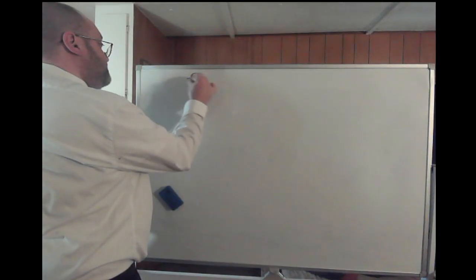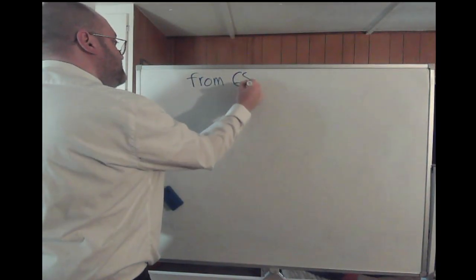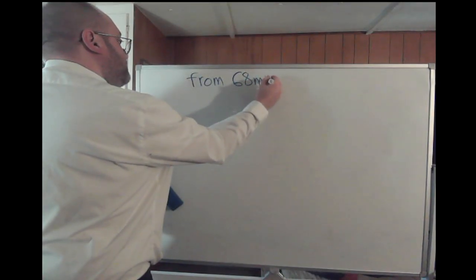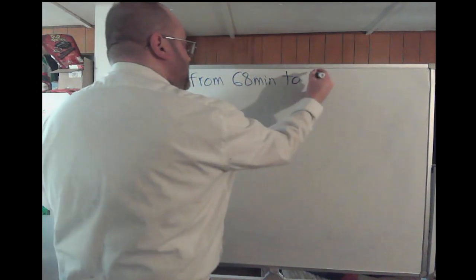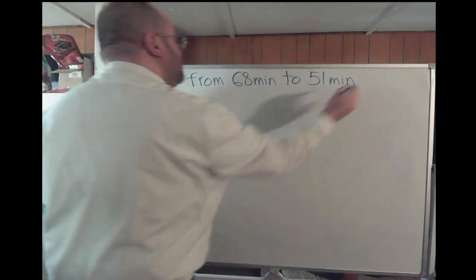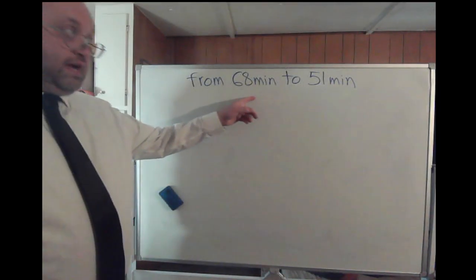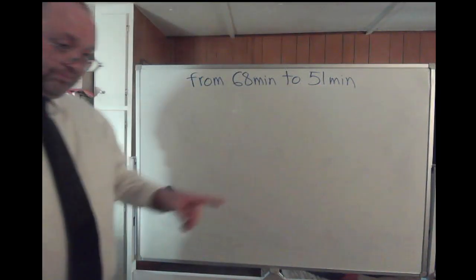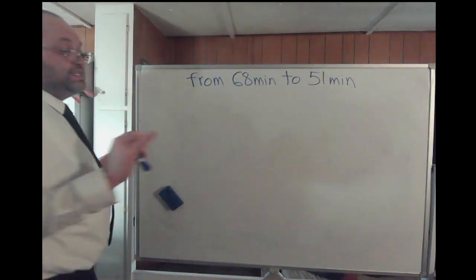So let's say you start out with 68 minutes. You're going from 68 minutes to complete an assignment, and now you're down to 51 minutes. We can clearly see from 68 minutes to 51 minutes, that's a decrease.